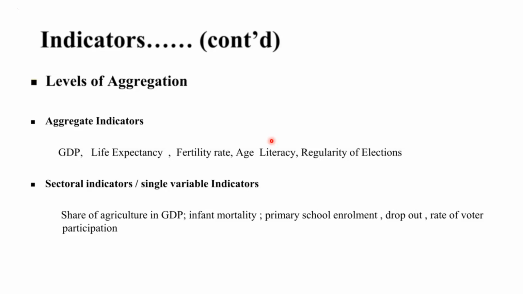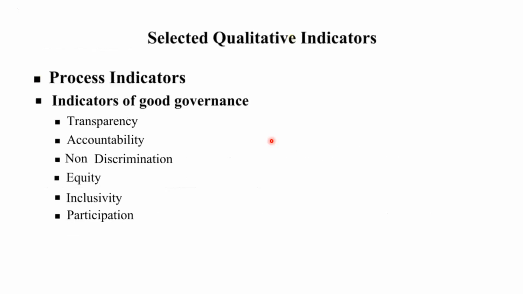That means we are identifying a specific group. Then primary school enrollment, primary school dropout, rate of voter participation. Likewise, you can identify these same indicators in different methods based on how you define your issues.